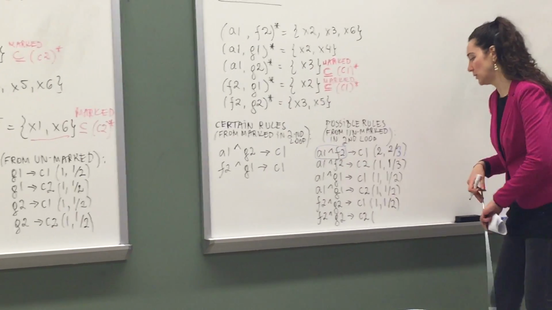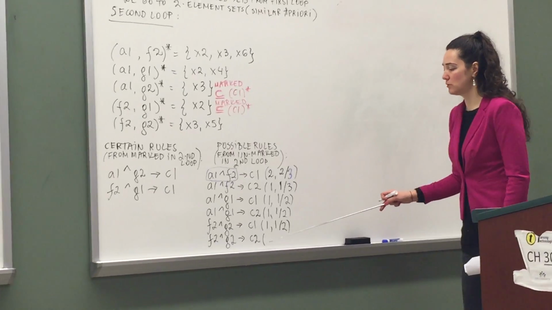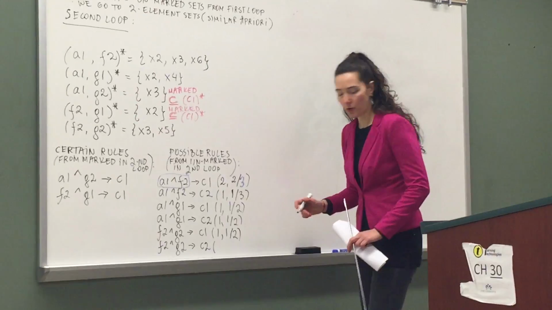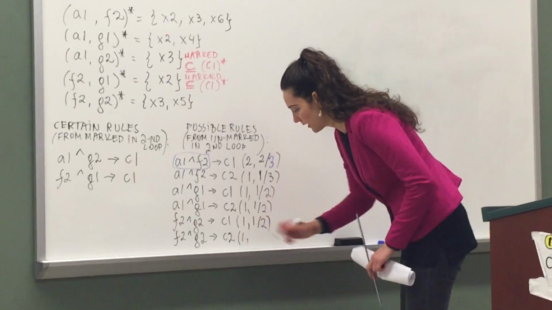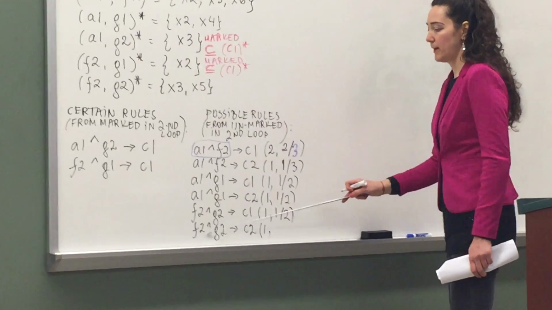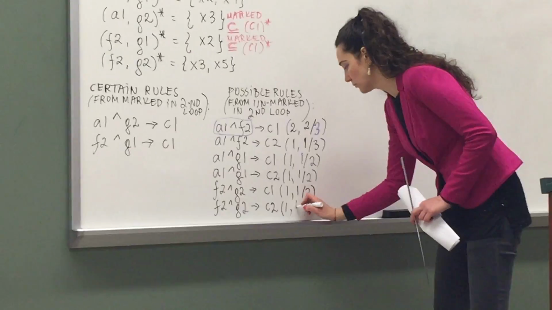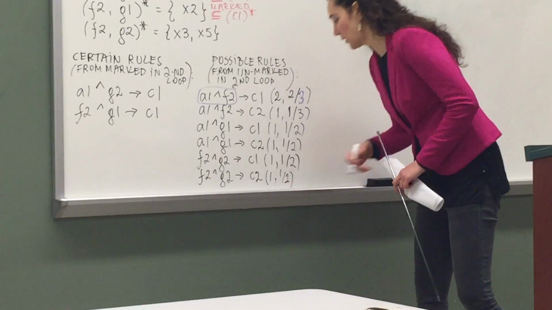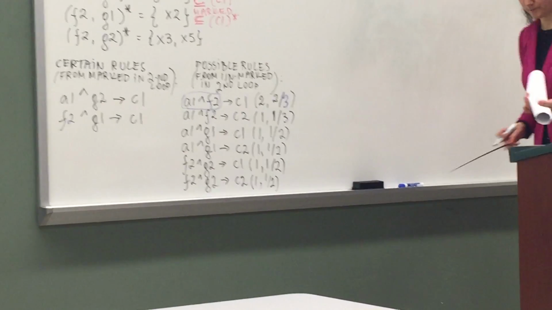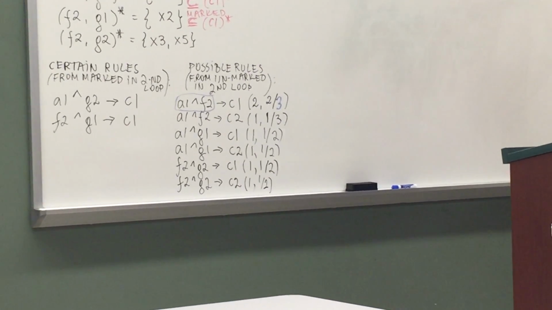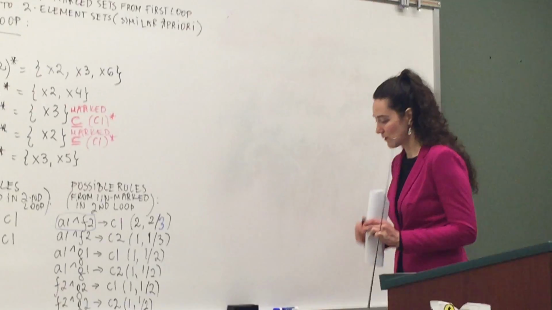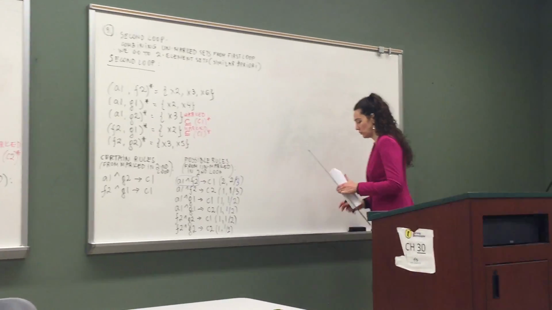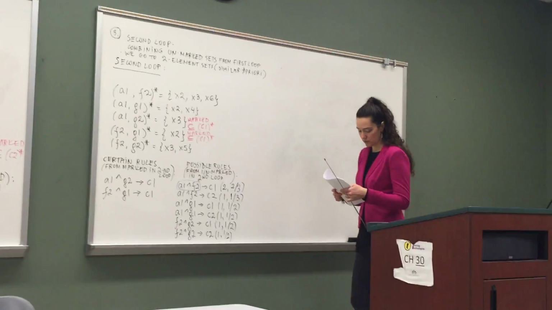And this one, F2, G2, C2, all 3 happening only once together, divided by F2, G2, which was 2. So that's 50%. So now we will go to the third loop.